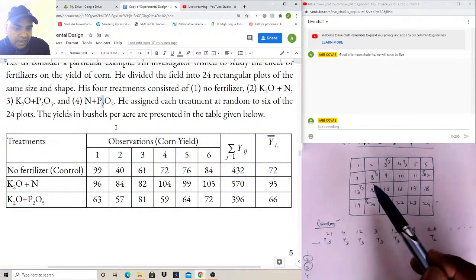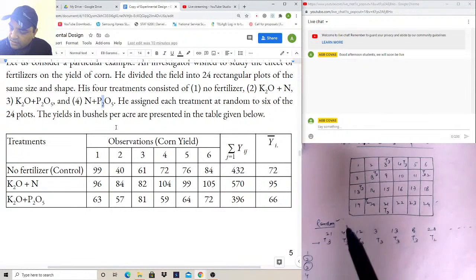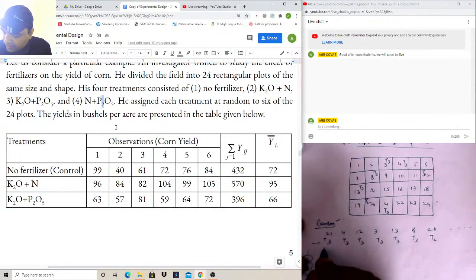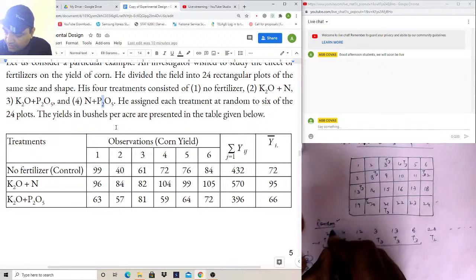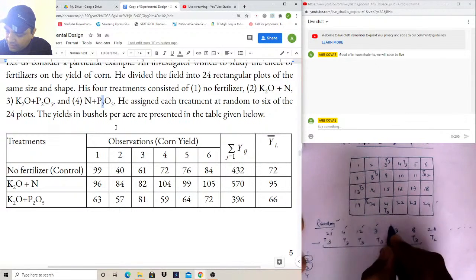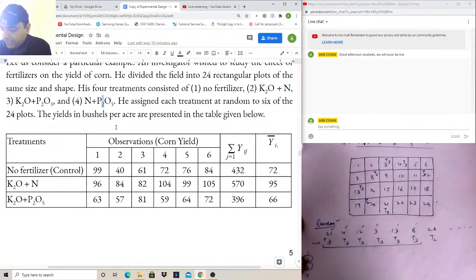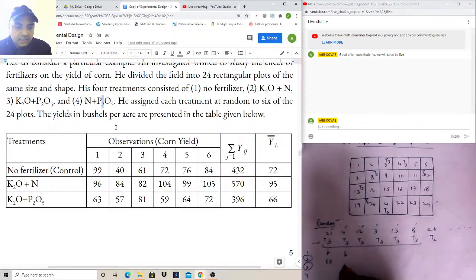Once he has applied them, these are the observations of the 6 plots. The 6 plots for T3 will be the 21st, 4th, 12th, 3rd, 13th and 8th. These are the yields for the third treatment. In the 21st plot he got a yield of 63. In the next he got a yield of 57.